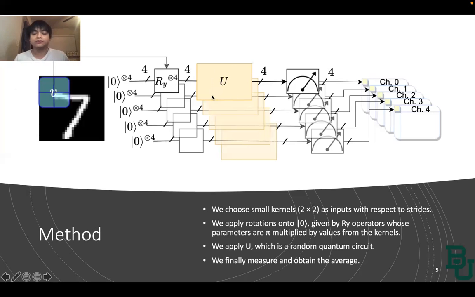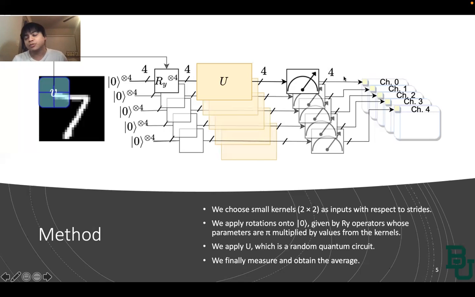After that, it goes to a random quantum circuit. The entanglement and all the operations are performed for spatial correlation for each kernel, and the output will be measured here.